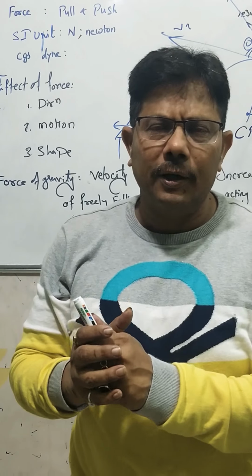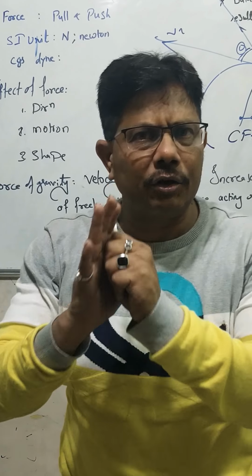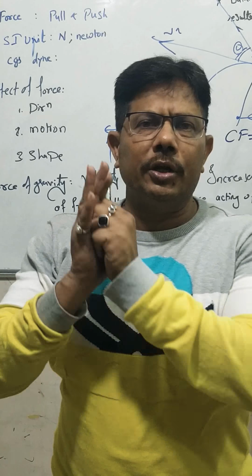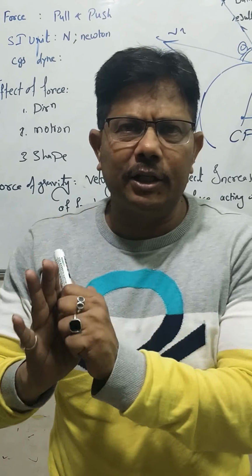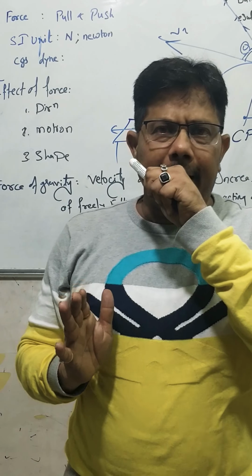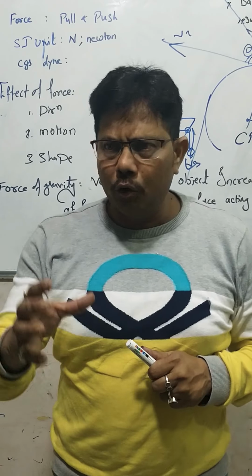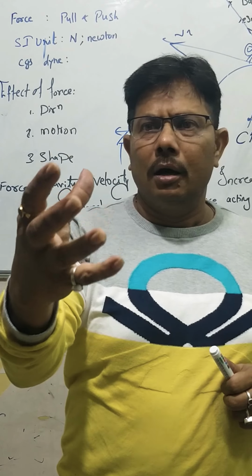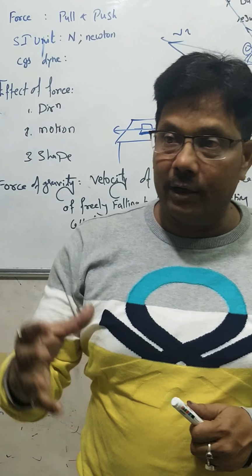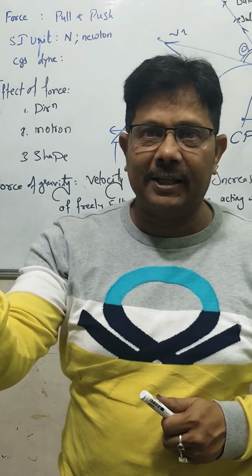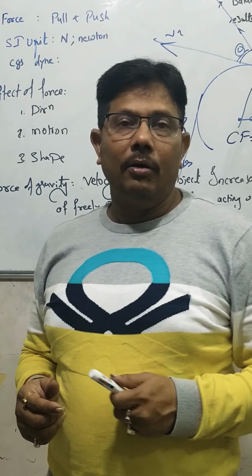So force is a physical quantity which can change the direction of an object, the motion of an object, the state of rest, and the shape of an object. If you squeeze a cold drink can, press it like this, it will change its shape. So this is the force.